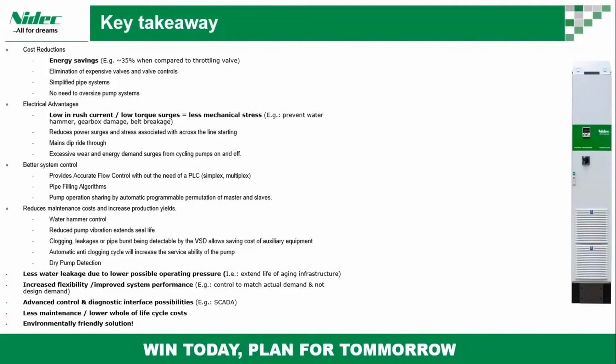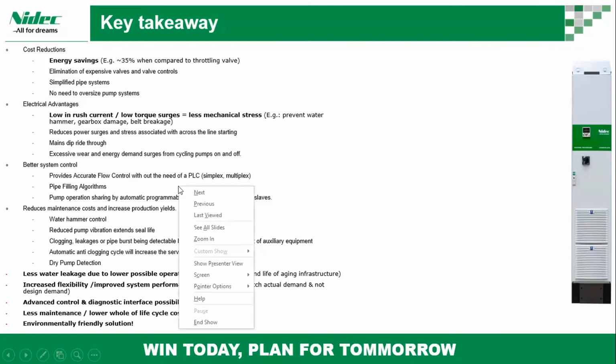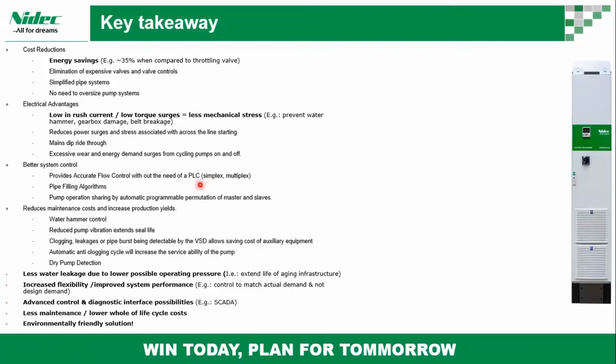It reduces surges and the stress associated with across-the-line starting, and gives better system control, like accurate flow control without the need of a PLC, simplex or multiplex. A pipe filling algorithm can be done through the VSD, like pump operation sharing by an automatic programmable master and slave concept. It reduces maintenance costs and increases production yields, through water hammer control and reduced pump vibration.